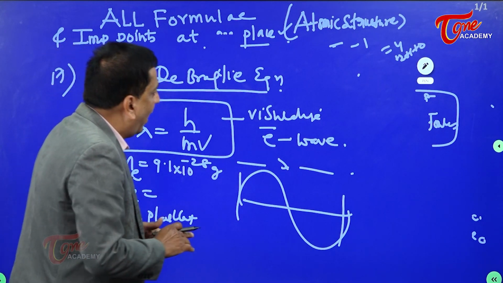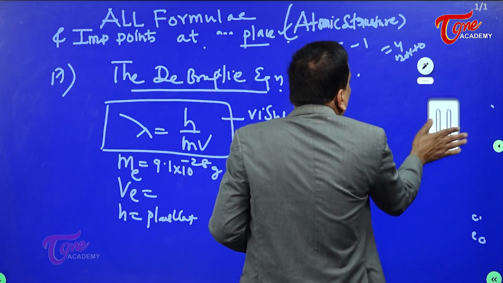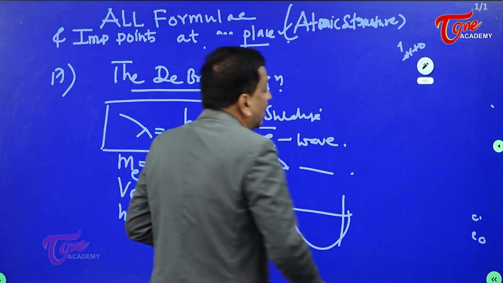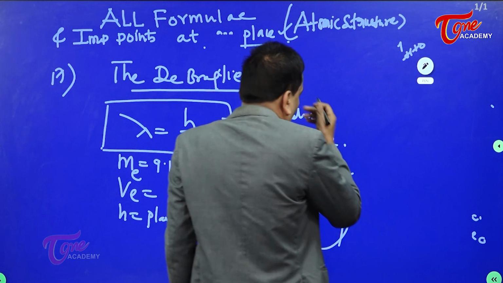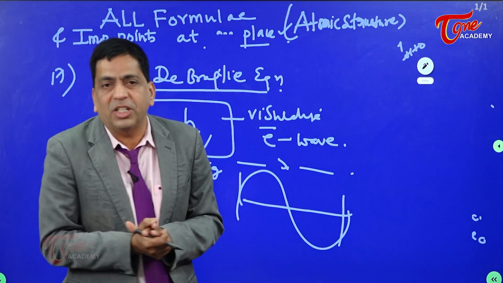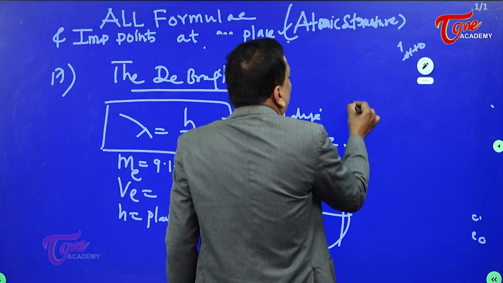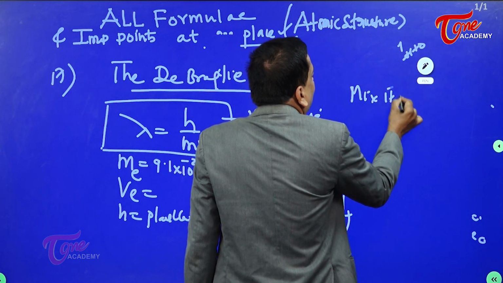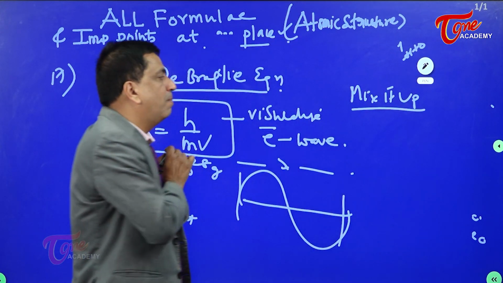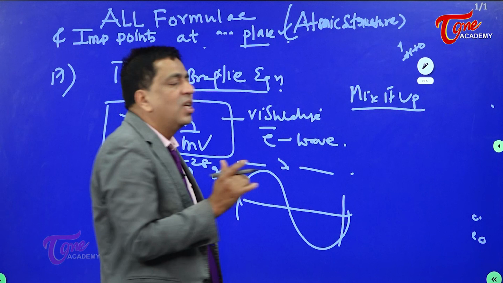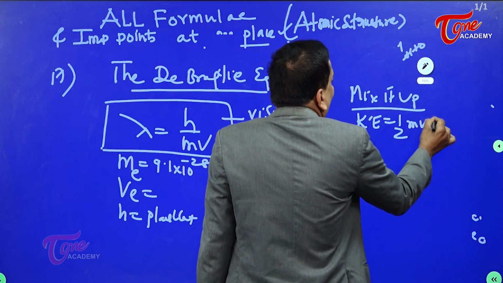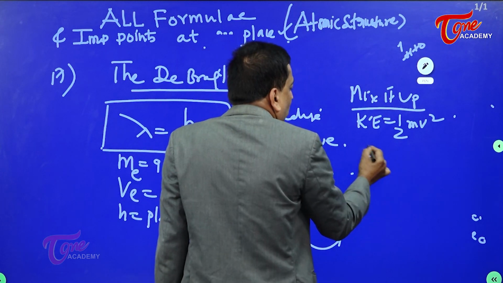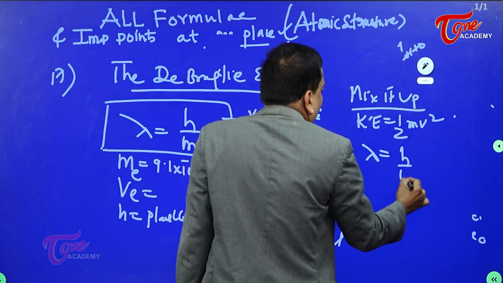And if you wanted to extrapolate this for something else, there are two things you must understand. You can mix them up. One is K = half mv square, and the other is lambda = h by mv.